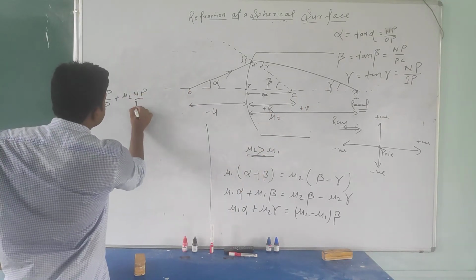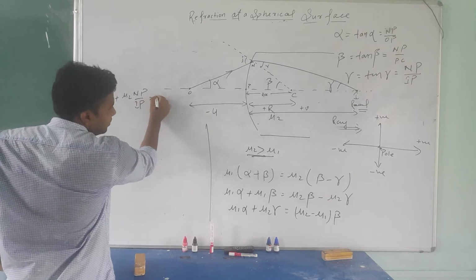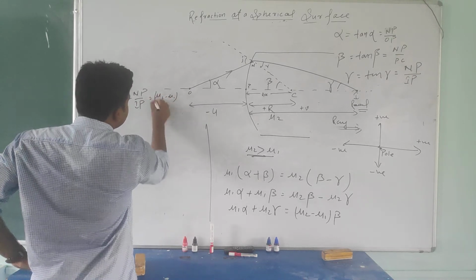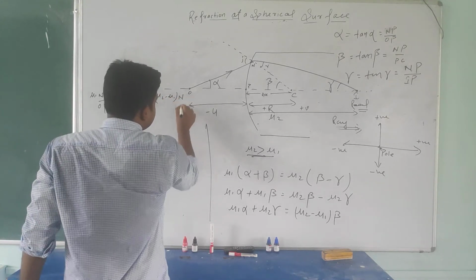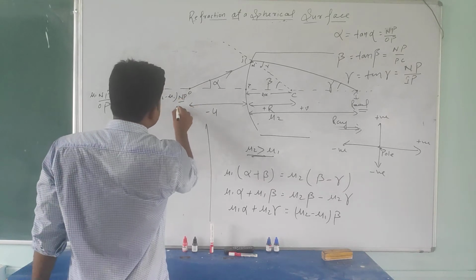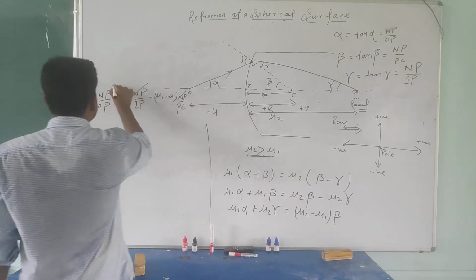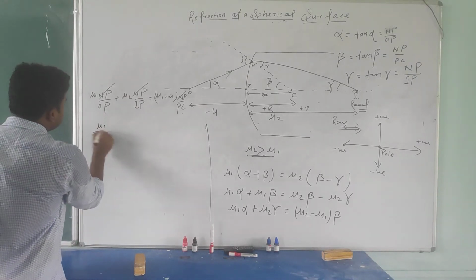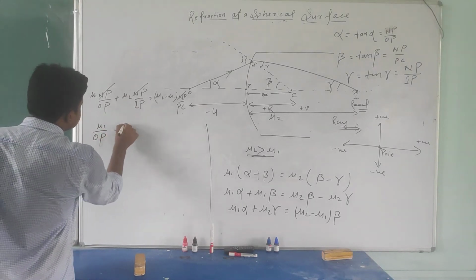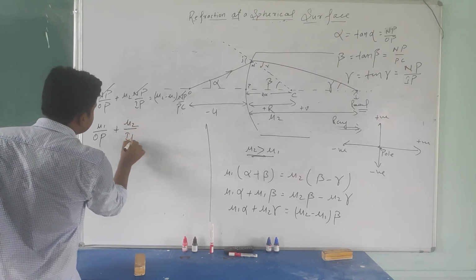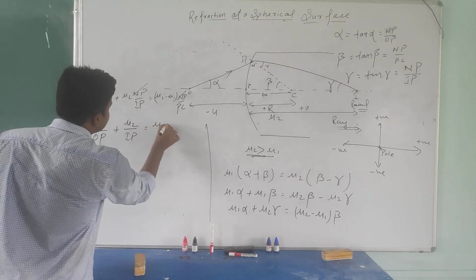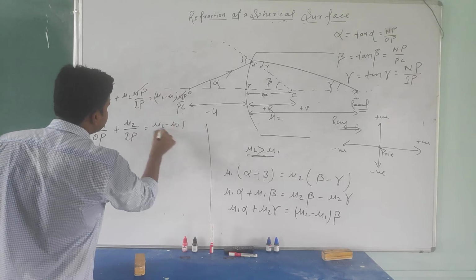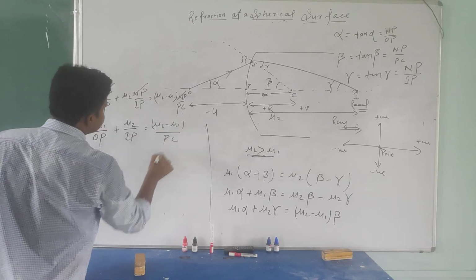NP divided by IP, is equal to mu2 minus mu1 into beta, which is again NP divided by PC. This NP cancels out. So what we are getting? Mu1 divided by OP plus mu2 divided by IP is equal to (mu2 minus mu1) divided by PC.